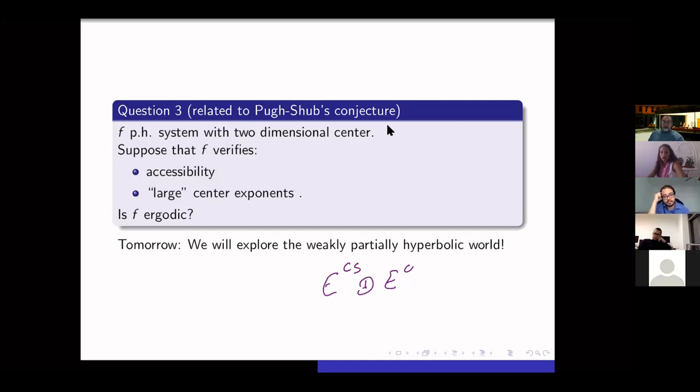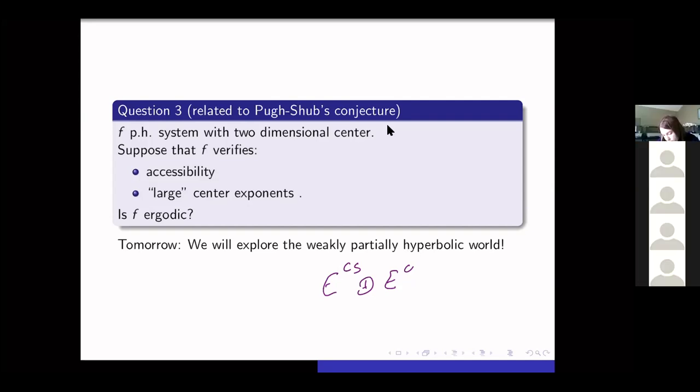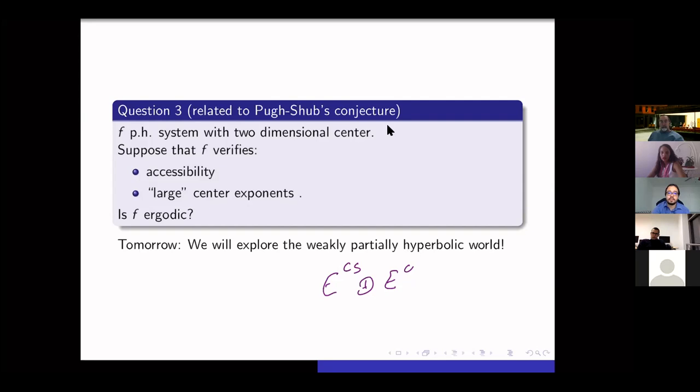So in those cases, it is more a matter of finding good size stable manifolds in the center, and you don't have to deal with angles. But if you talk about a two-dimensional setting where you could have stable manifolds, I think you can apply this type of construction looking at the natural extension. I think so. Thank you.